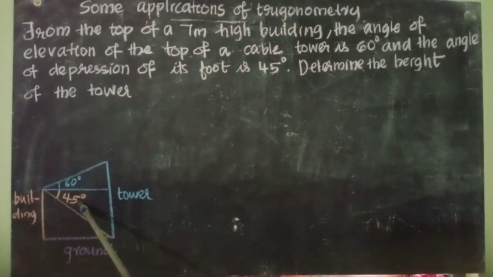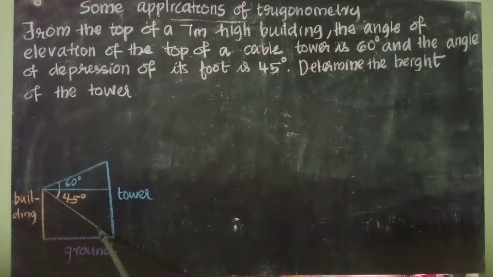And we have mentioned in the introduction part of angle of elevation and angle of depression that the angle of depression is equal to angle of elevation. So here we can mark angle of elevation also.